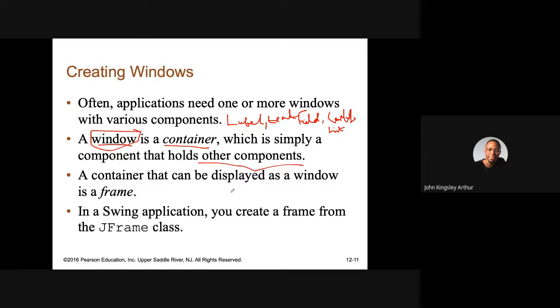A container that can be displayed as a window is called what? A frame. So in Java, we are going to make use of JFrame classes to help us create what? Our windows.